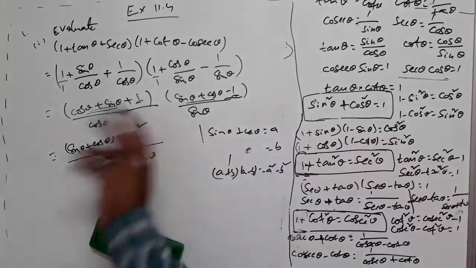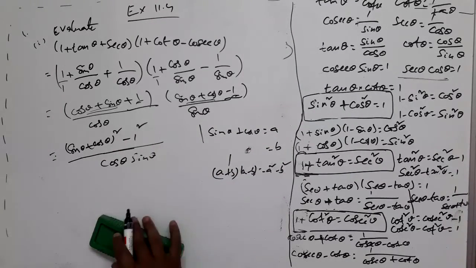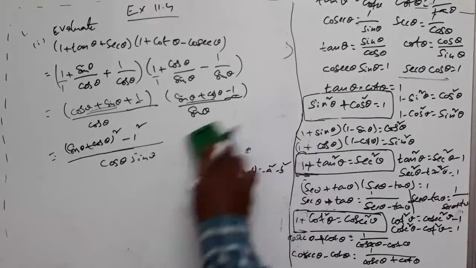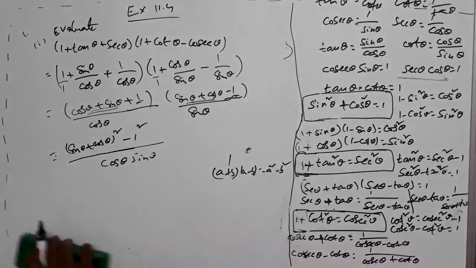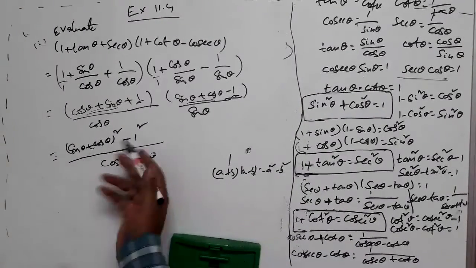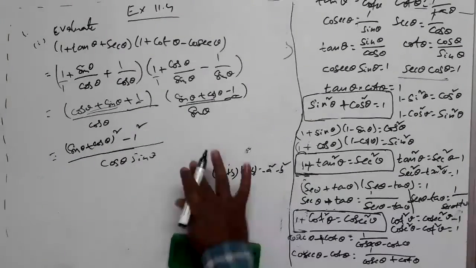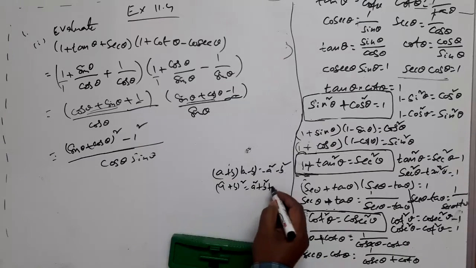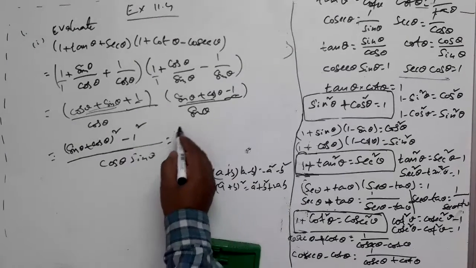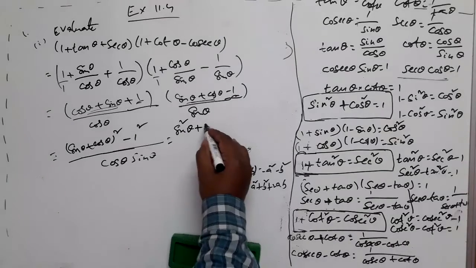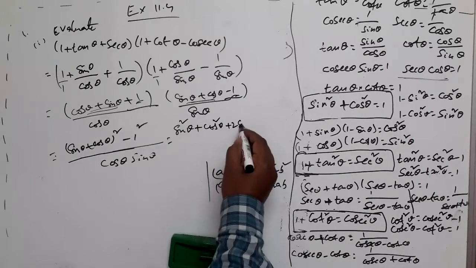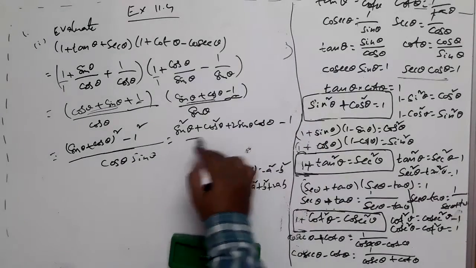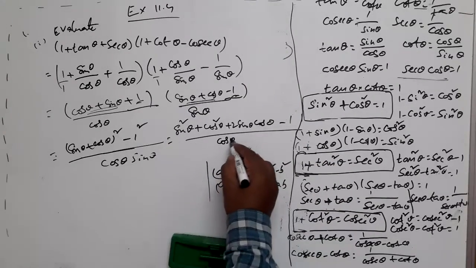A minus b, a plus b, a square minus b square. Yes, you need not write like this, but that is a way how you have got this, right? Now expand this. This is of the form a plus b whole square, right? A plus b whole square is a square plus b square plus 2ab, we know. So simplify this. This is sin square theta plus cos square theta plus 2 sin theta cos theta minus 1 square, of course, that is 1, and leave the denominator as it is.